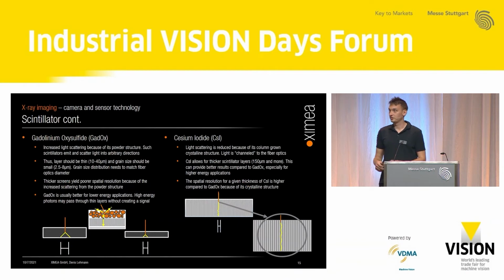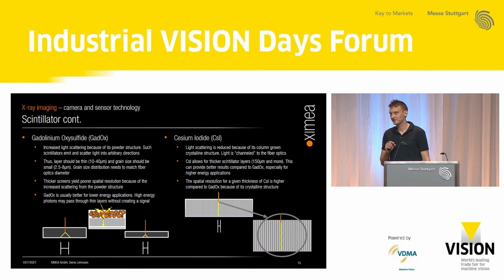The major difference between GADOX and CSI is their structure. While GADOX has a powder structure, CSI is grown in crystalline columns. And this results in a different light scattering behavior between the two. Powder screens, such as GADOX, emit light into arbitrary directions. That means the thinner the scintillator screen, the better your resolution.